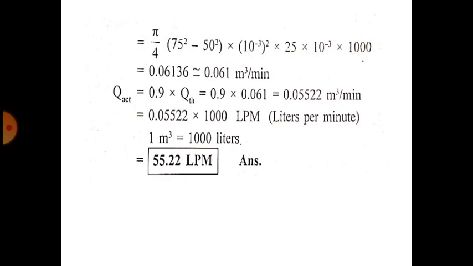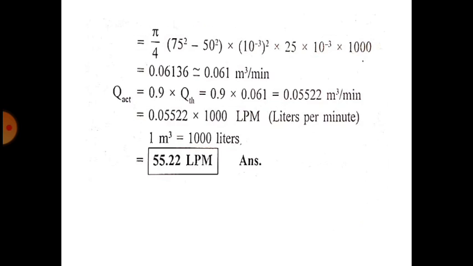So pi by 4, 75 is the outside diameter and 50 is the inside diameter. 10 raised to minus 3 means we convert into meters, into 25 is the width, and 1000 is the rpm of the motor. We get the theoretical discharge 0.061 meter cube per minute, and multiplying by 0.9, the volumetric efficiency, gives the actual discharge 0.05522 meter cube per minute.